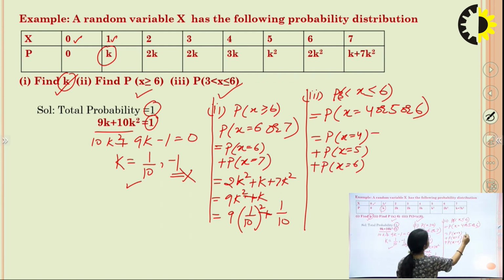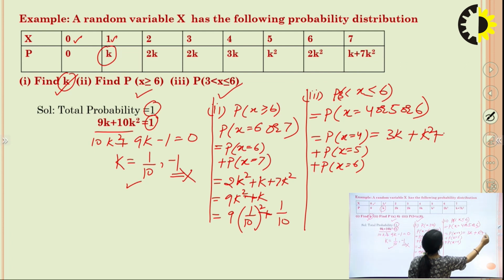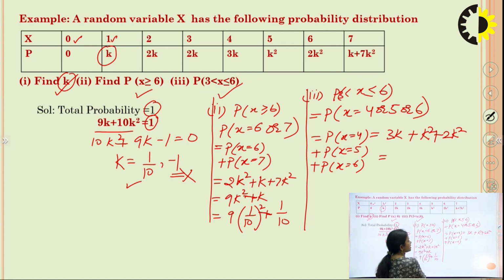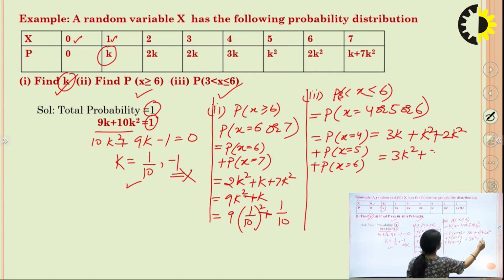And from the table, we have all these probabilities. For x equal to 4, we have probability 3k. For x equal to 5, probability is k square. And for x equal to 6, probability is 2k square. This implies the probability for x lying in between 3 and 6 is equal to 3k square plus 3k.